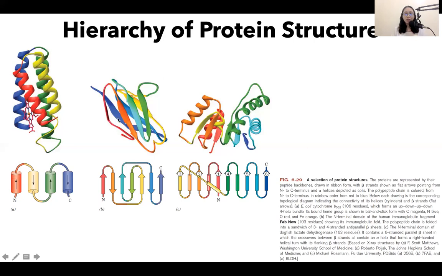Next, we have an immunoglobulin fragment. So this is just one part of your immunoglobulin molecule. In this one, we see beta strands, and in fact, there are some sheets forming. So we see here an anti-parallel beta sheet composed of this orange, sky blue, and green beta strands.